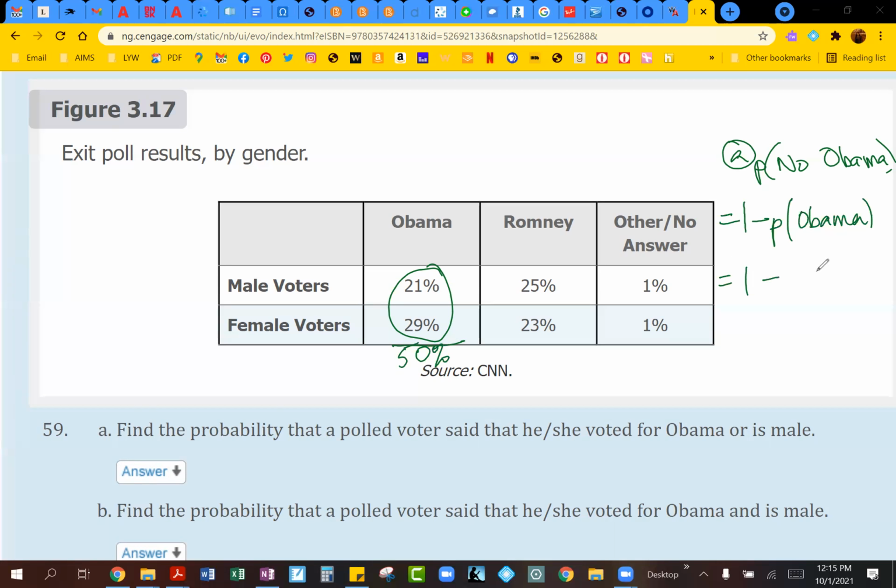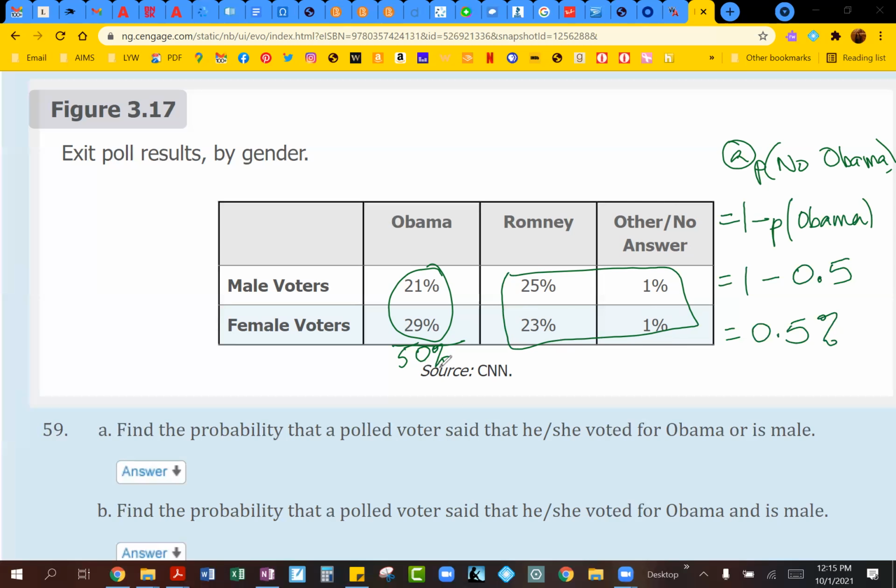So you're doing 1 minus, and again, we'll do these as decimals. So you can see basically you had 50% of votes for Obama. And then if you were to add these guys together, that would also add up to 50%. And of course, since you have the other category in there, you can see Romney's votes were just at 48%.